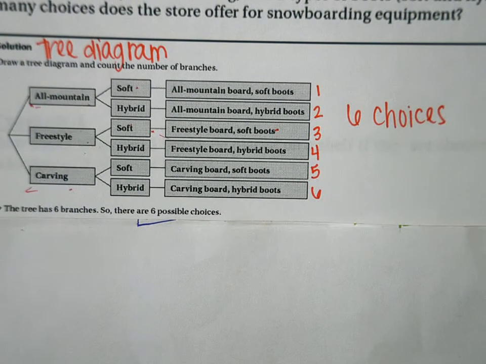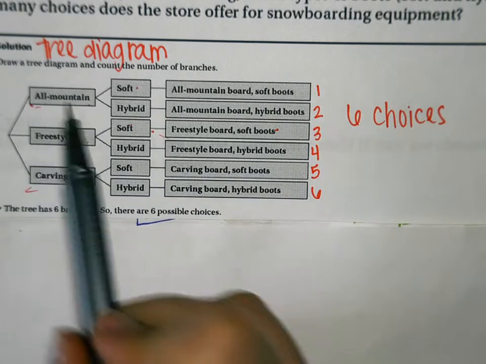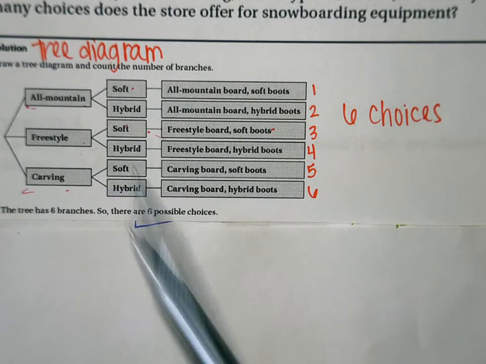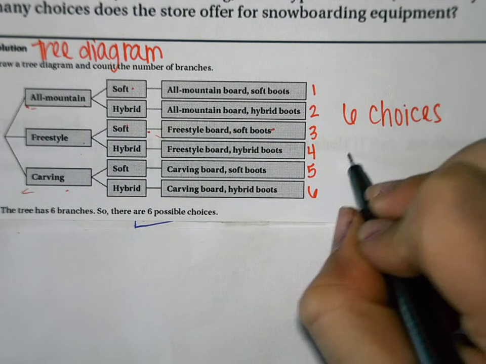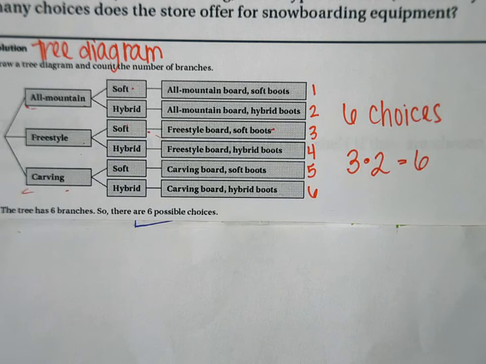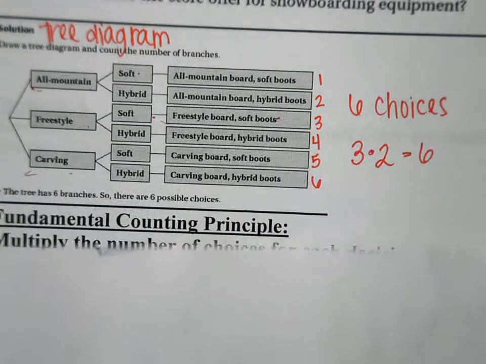for snowboarding equipment. We could also calculate this mathematically because we had 3 different types of board, and then there were 2 different types of boot for each board. So we could also do 3 times 2 equals 6. Okay. And that is what is called the fundamental counting principle.